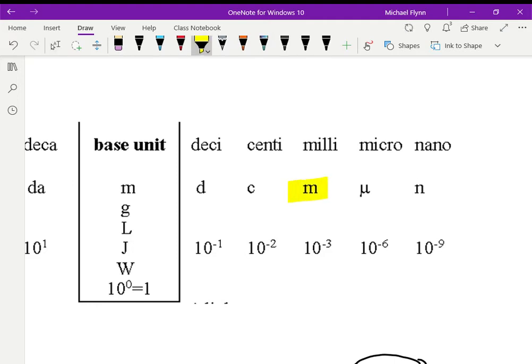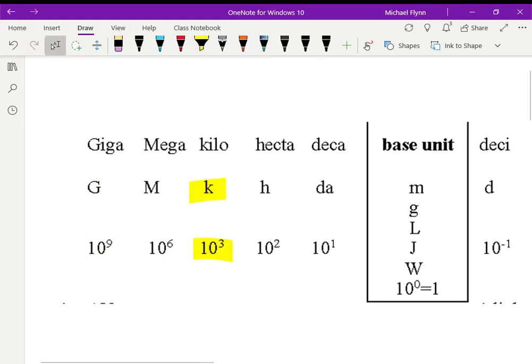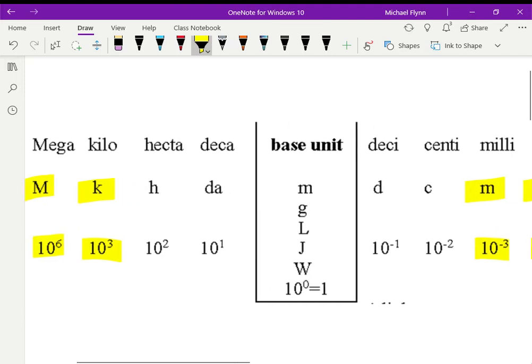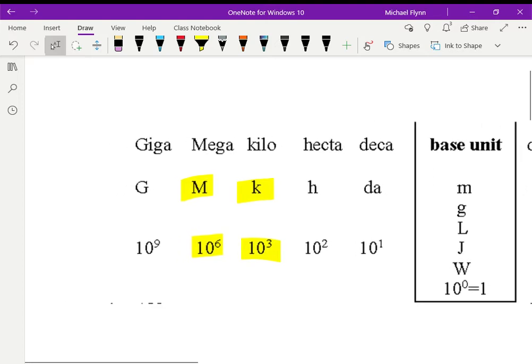Milli, little m for milli, means 1/1000th of something. Micro, this is going to come up, means 1,000,000th of something. Now I'll explain why I'm highlighting these units in particular. Every once in a while we measure the power consumption in a city in megawatts, for example. That means 1,000,000. So keep these numbers in mind as we move forward. So that's the metric chart.